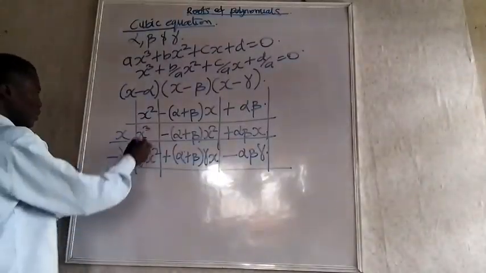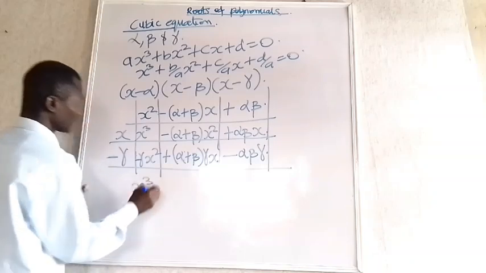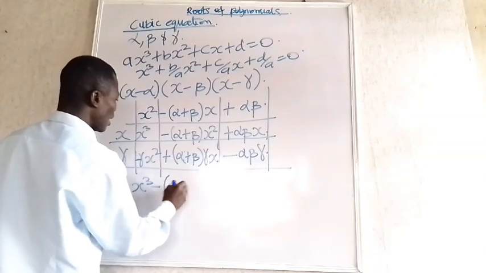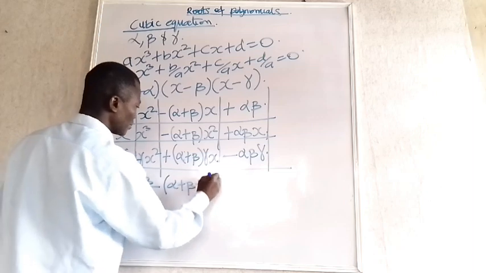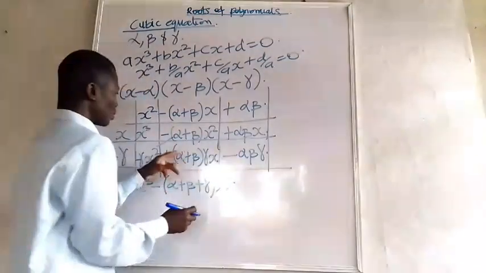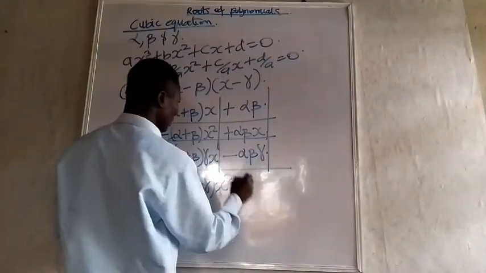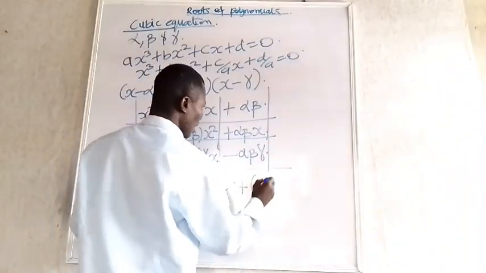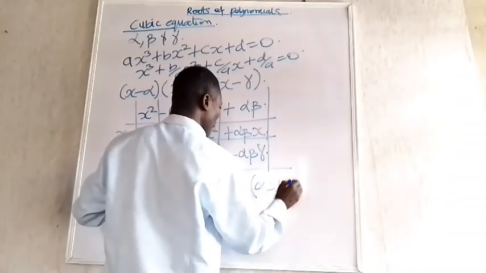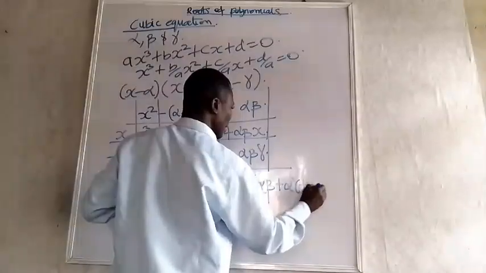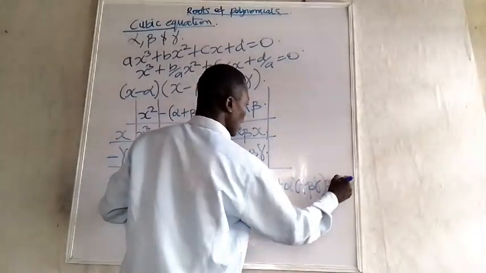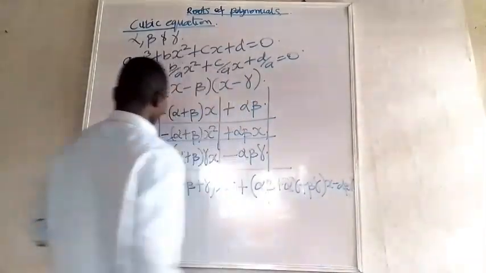So the product is going to be x cubed, minus alpha plus beta plus gamma into x squared, as I added this one to this one. Then plus alpha beta plus alpha gamma plus beta gamma x, minus alpha beta gamma.